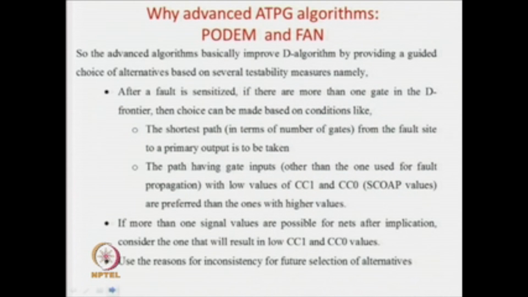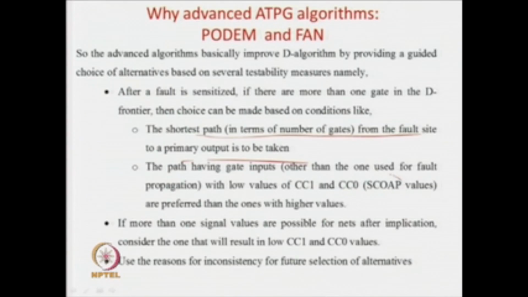Advanced algorithms like PODEM and FAN sometimes give you heuristic choices to find a better alternative. For example, they can take the shortest path from the fault site to the primary output. If there are n D frontiers available, which path do you take? You take the path with the minimum number of gates to the output, and that is very good.